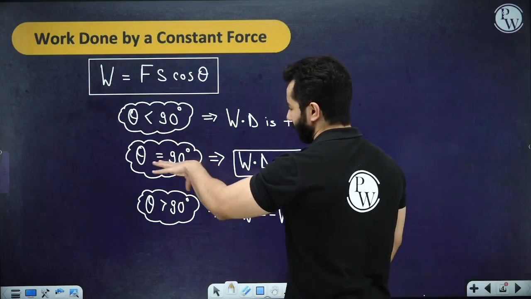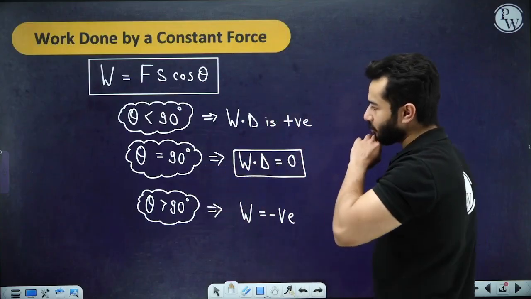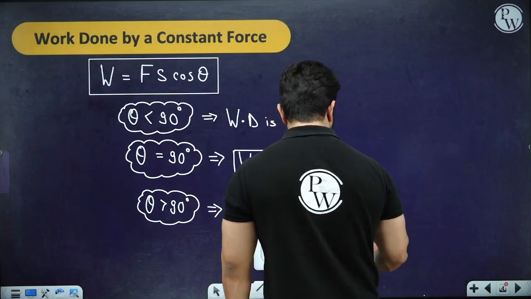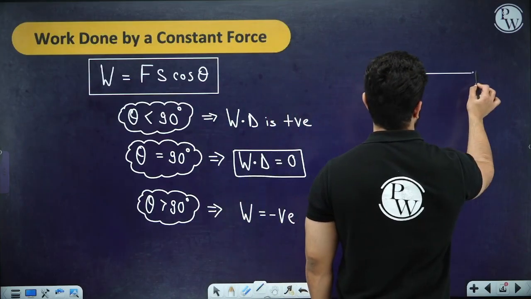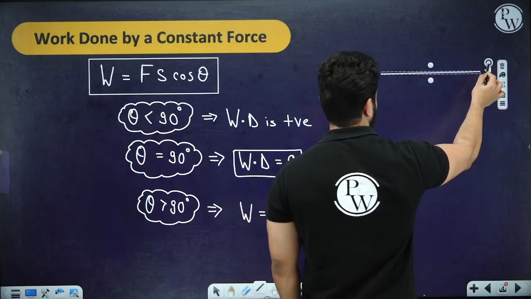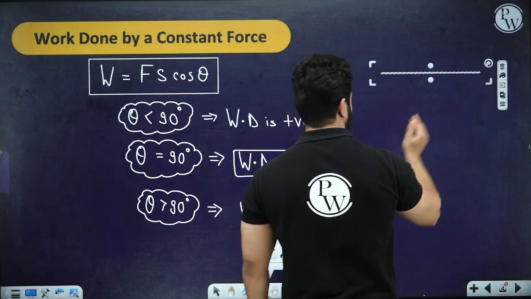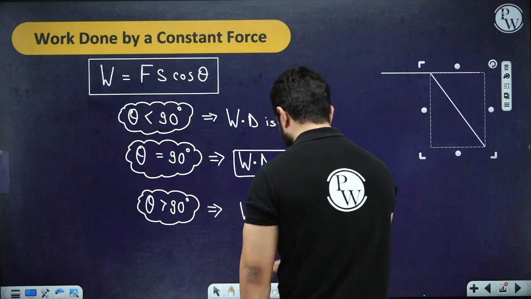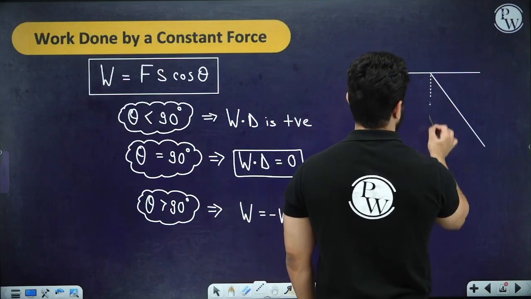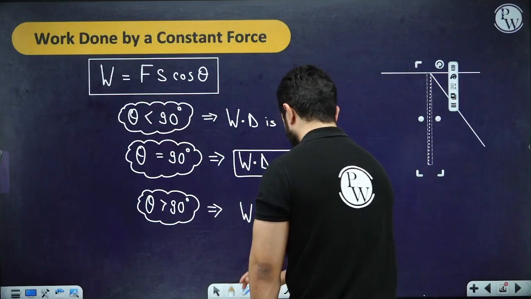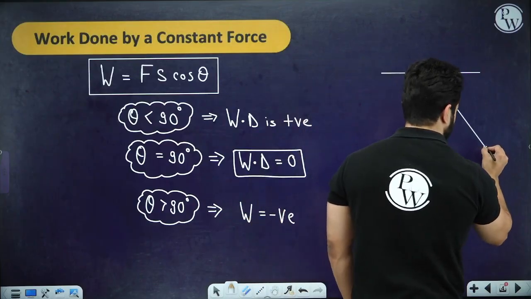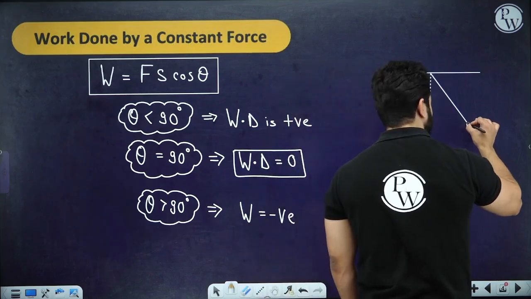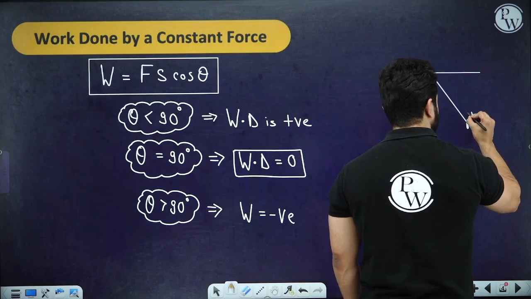So as I have told you, these things you have done in grade 9, but we need to focus on the case when theta is equal to 90 degree, because there are going to be various places where we are going to see this case. For example, if we have a pendulum, let's say that a bob has been attached from this string. This is a vertical line. Now we know that tension will act on the string something like this, right?